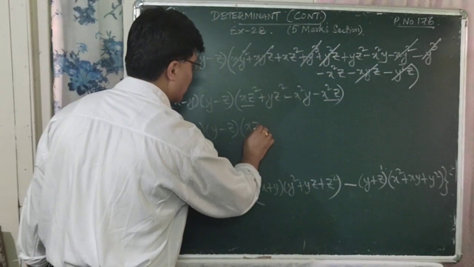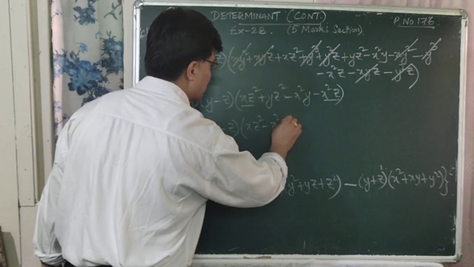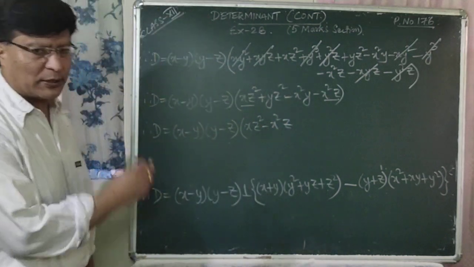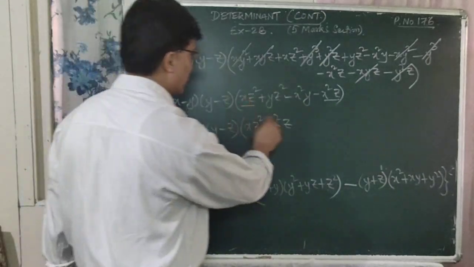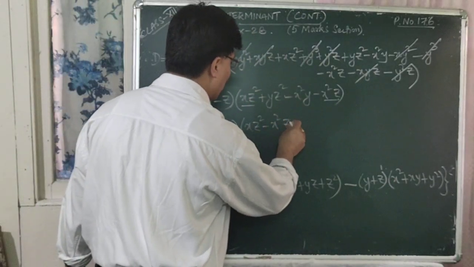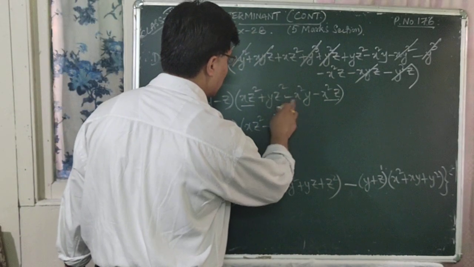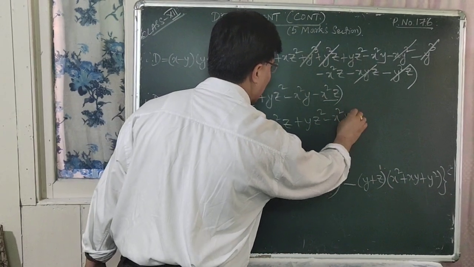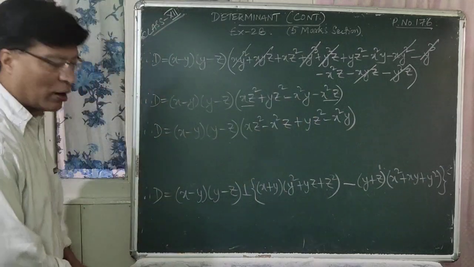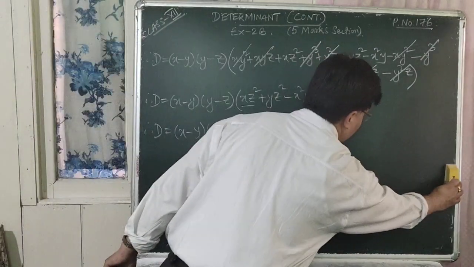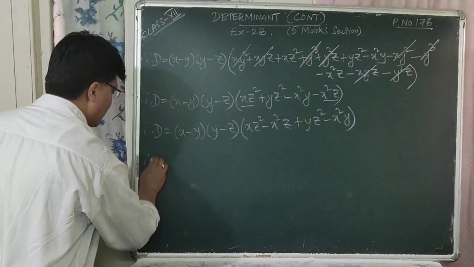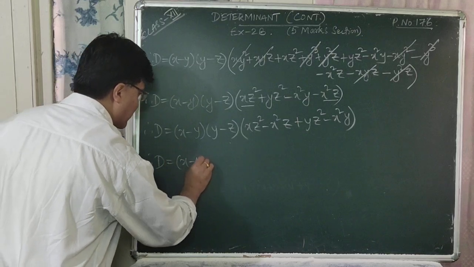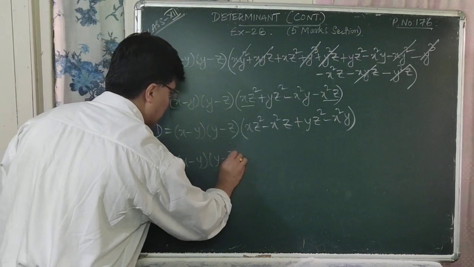Write it together, because there is common xz. Then yz square minus x square y. Here also y is common.